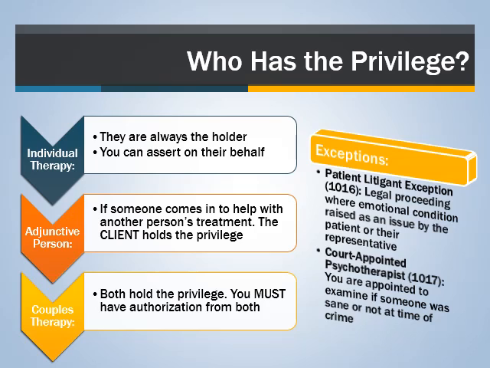Only the holder of privilege can authorize a waiver of their privilege. No one else can do that. When more than one patient holds the privilege, like couples therapy, one patient waiving privilege does not affect the other patient's right to claim privilege.